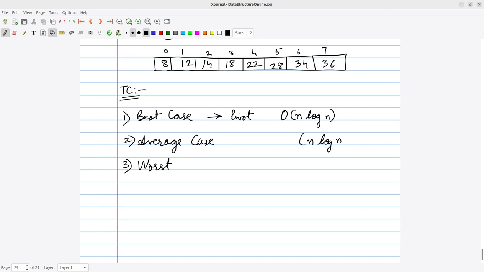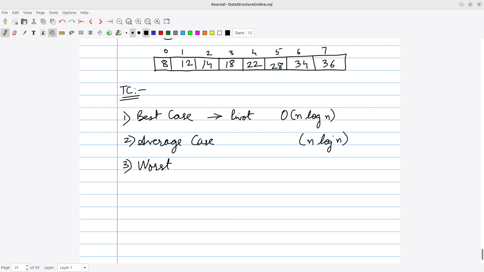Average case in the sense that the elements you are taking are not properly arranged. That means those elements are neither in ascending order nor in descending order. So the first example which we have taken comes under the average case.